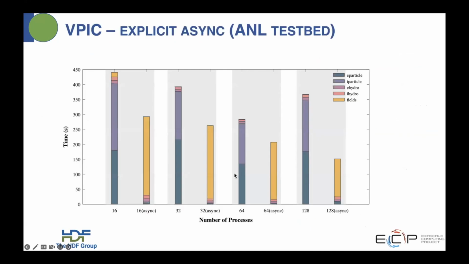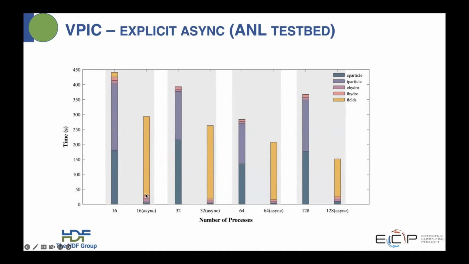So if you look now at the timing for each of those, you have the fields, the hydro, the particles. These are all different values that they output. This was run with the number of processes as 16, 32, and 128. And this is the time. You can see the first column is the synchronized output, and the second column is with async.